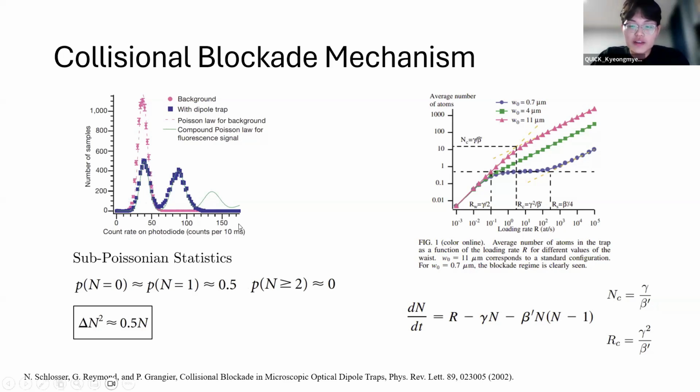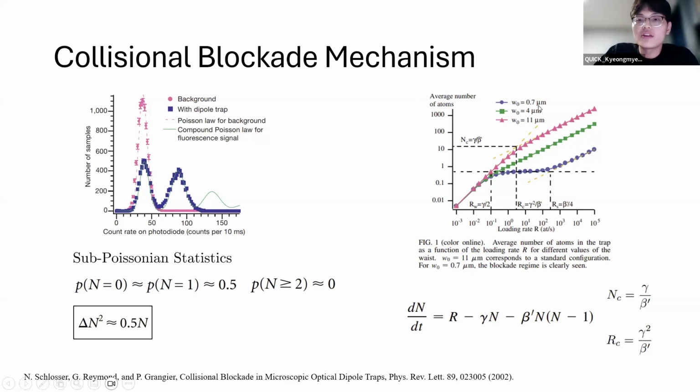And this happens because if you make the beam waist, so the size of the tweezer cross-section at some focal point you want to trap atoms at, small enough, atoms will get caught in the trap and they will collide inelastically until there are 0 or 1 atoms left in the tweezer. If you look at the diagram on the right, the W0 term is the beam waist.